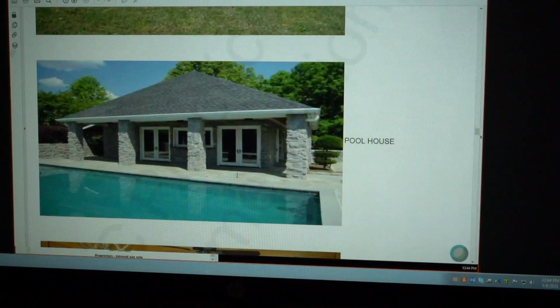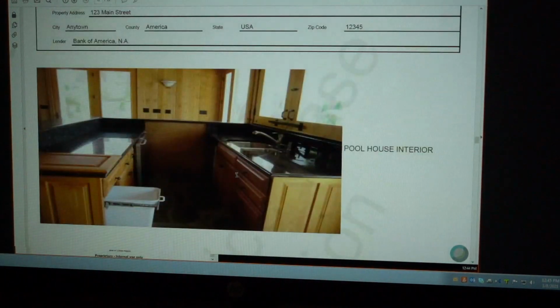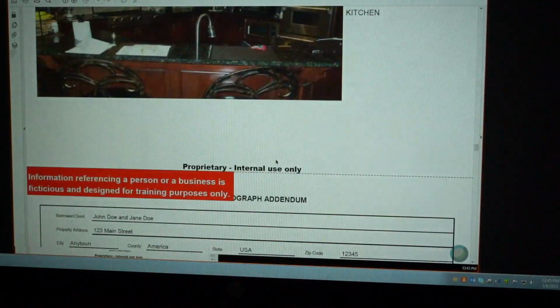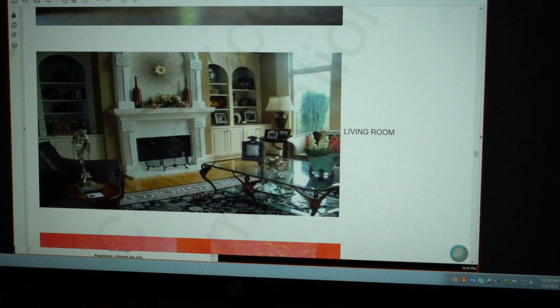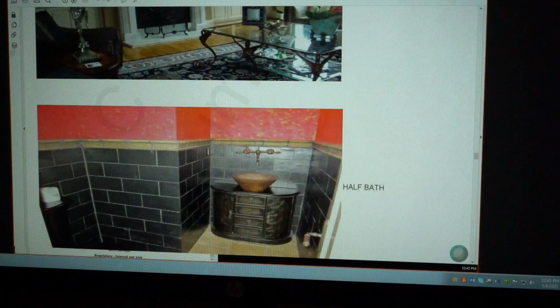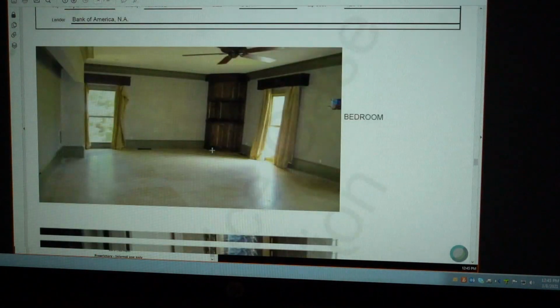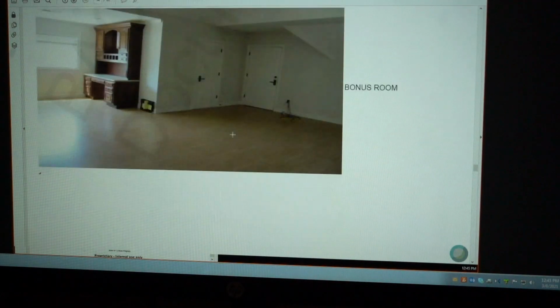So you got the pool, you got the pool house exterior, pool house interior, foyer. Got my kitchen, so that meets that requirement. Dining room, living room, so that means the main living area. Half bath, bedroom, 1 full bath. It looks like a master.